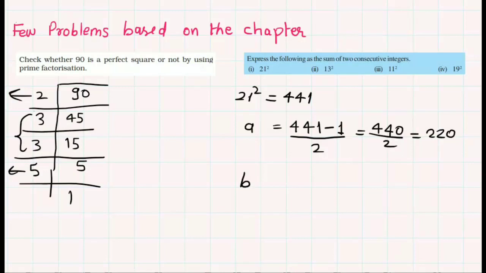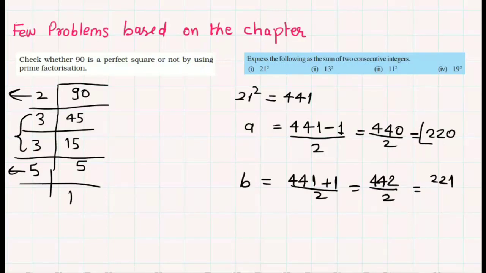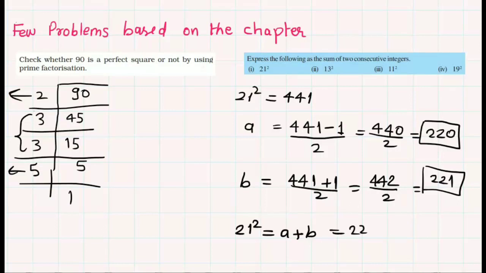Okay, then b is equal to 441 plus 1 by 2, equal to 442 by 2, which is equal to 221. Are these two consecutive numbers? Yes. So 21 square can be written as the sum a plus b, which is equal to 220 plus 221. This is your answer.